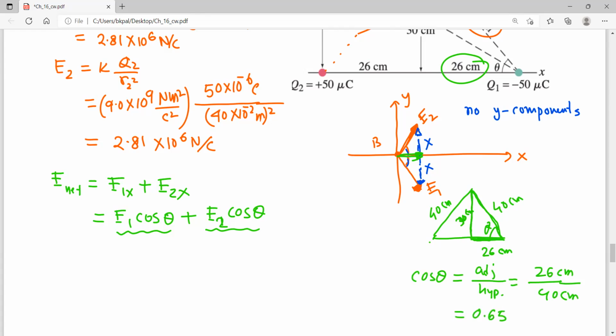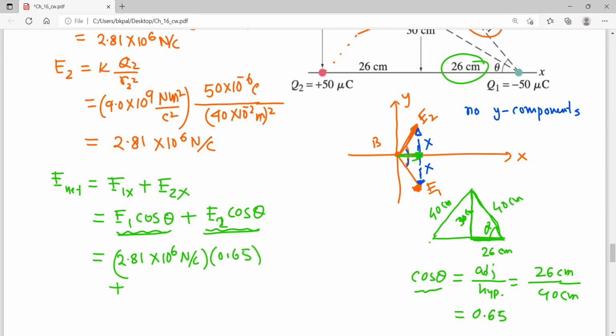So here you basically calculate cosine theta. You don't need to calculate theta, because in this equation you just need the cosine theta. So E1 is 2.81 times 10 to the power 6 Newton per Coulomb, and cosine theta is 0.65.